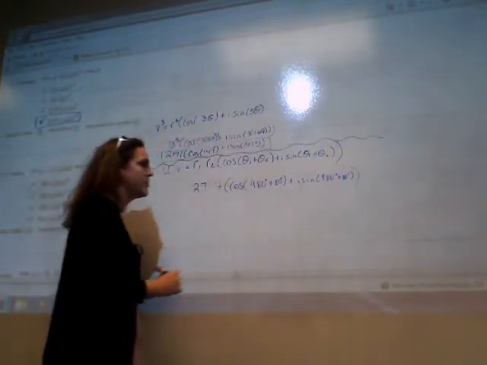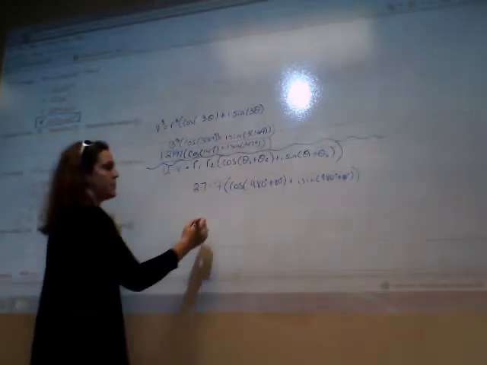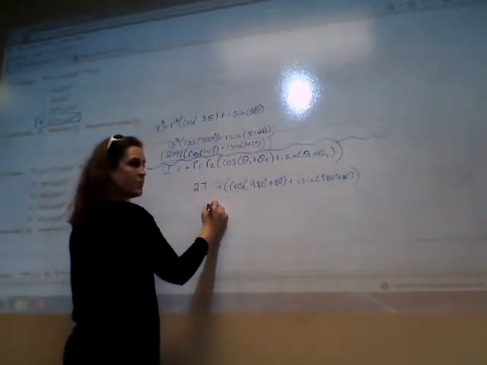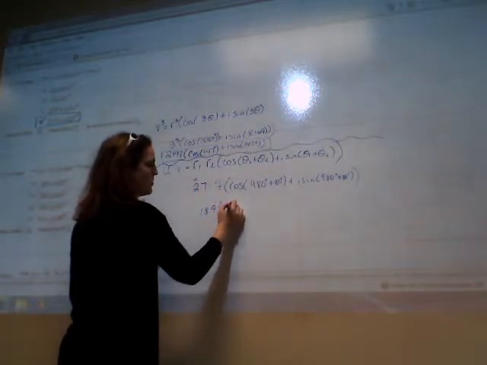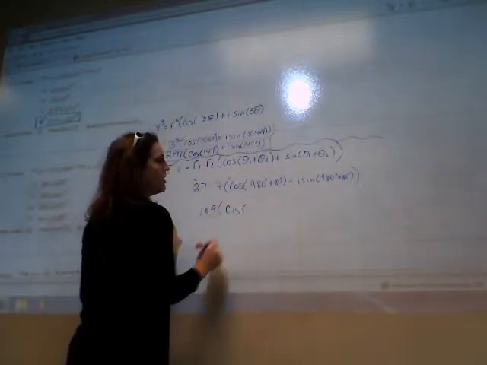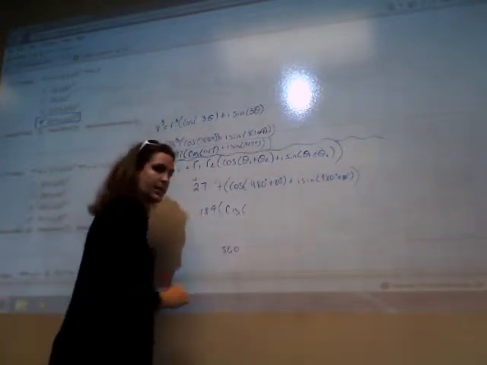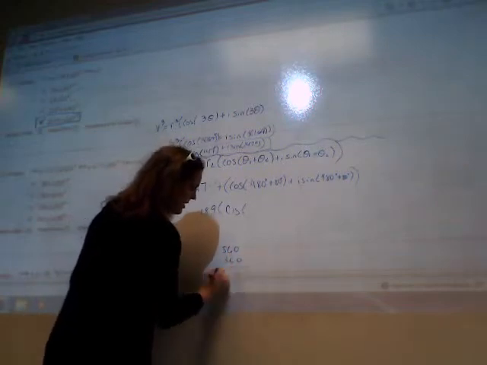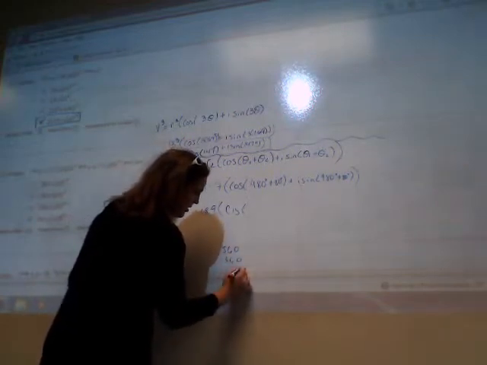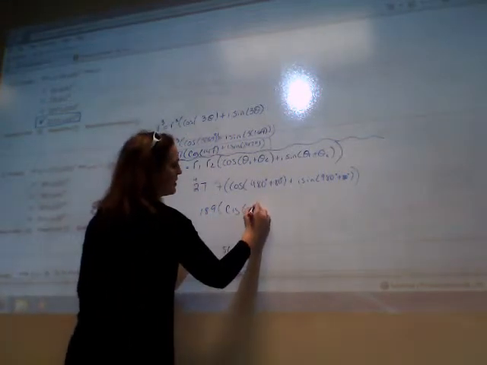And 27 times 7 is what? 189. And 480 plus 80 is going to give me what? 560. That, of course, is greater than 360, so we subtract, and we end up with 200 degrees. So this should give me 200.